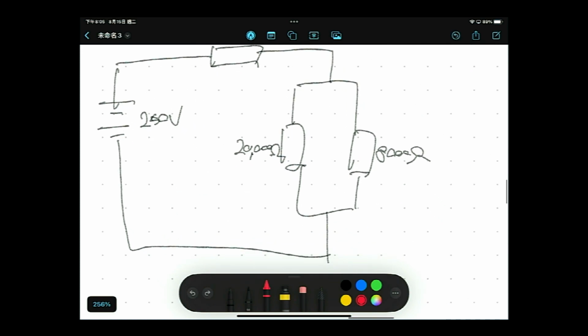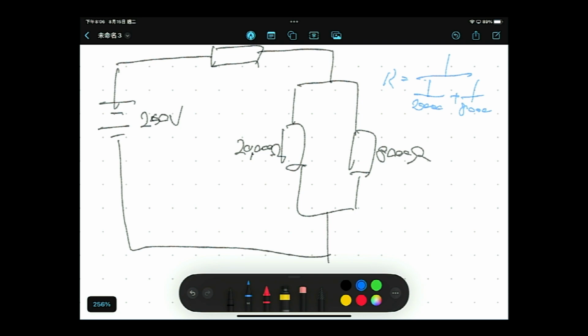So we have to calculate this resistance in parallel first. What is the resulting resistance? R equals 1 over 20,000 plus 1 over 80,000.